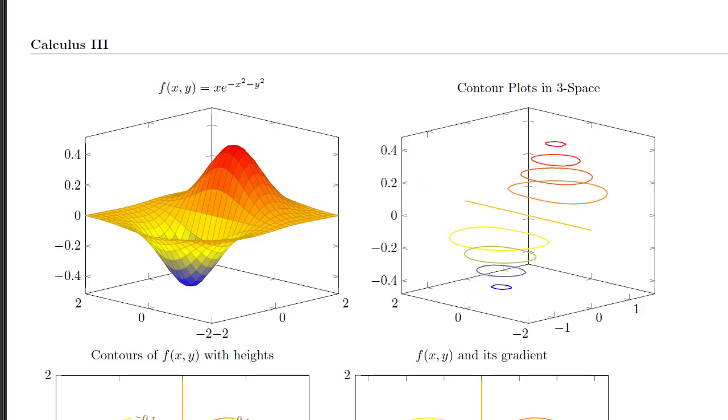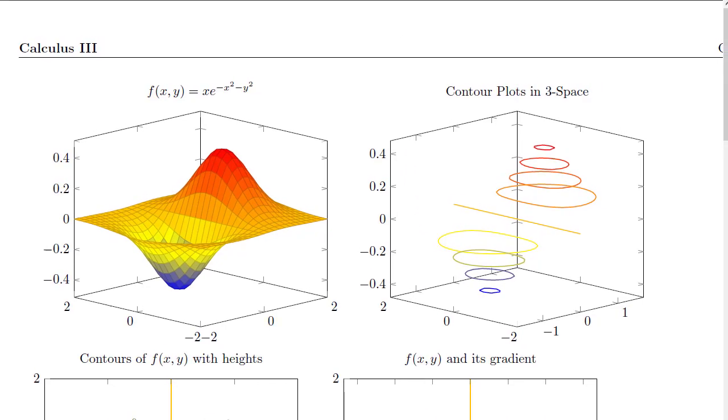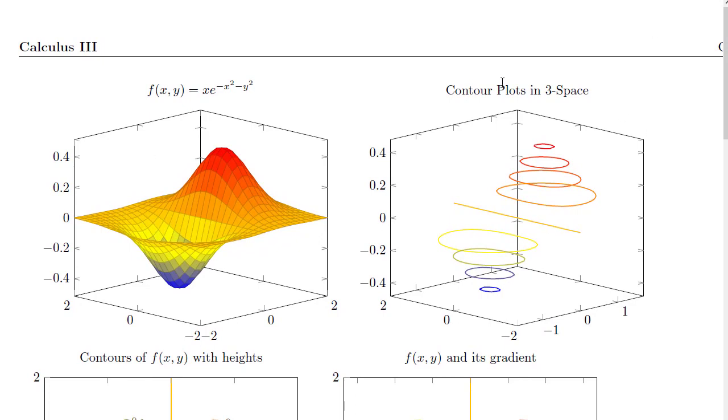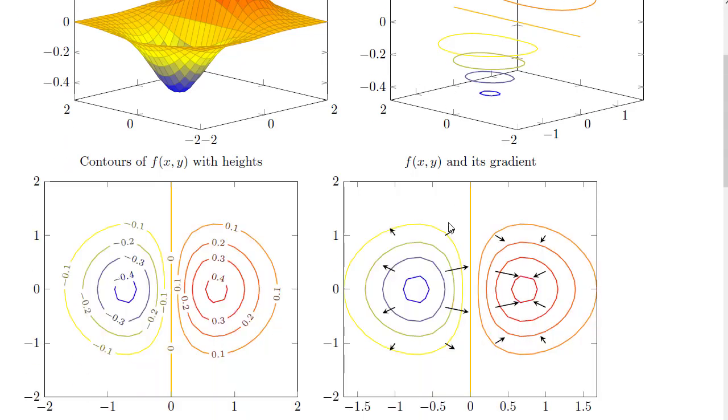Okay, so sorry for the bright white screen here, but I also have prepared this pre-done graphic here, this particular surface for x e to the negative x squared minus y squared, and we see we have a dip down into a bowl and then a hill. Okay, so when we look at the contours, here are all the contours of that surface at different z values, and then here are some gradients.